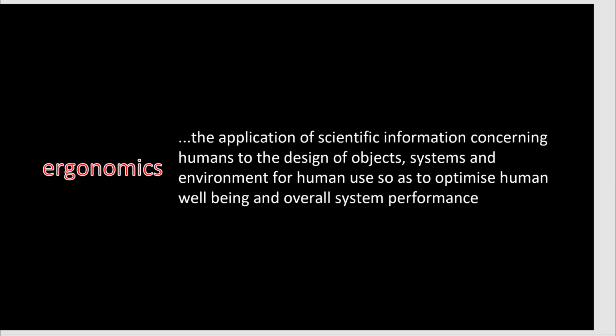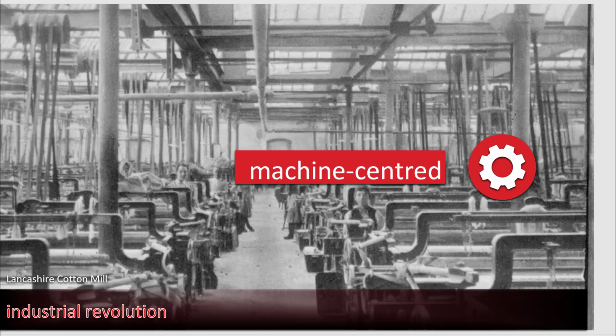By definition, ergonomics is the application of scientific information concerning humans, the design of objects, systems, and environments. We're looking for how these interact to optimize human well-being and overall system performance. Traditionally, during the Industrial Revolution, when a lot of products and buildings came to be at the forefront, everything was machine-centered.